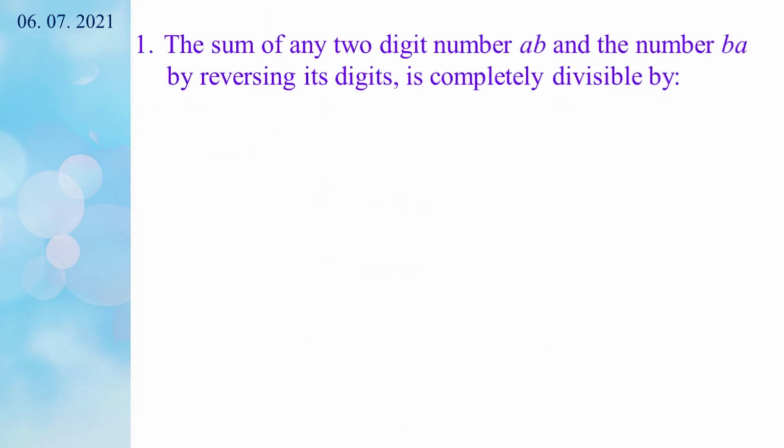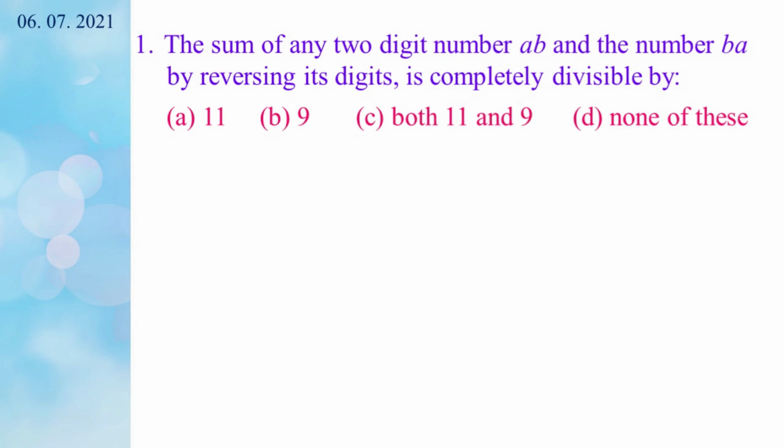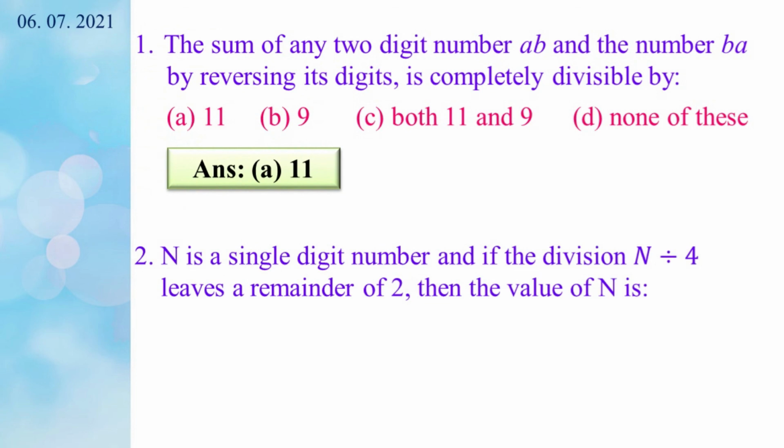Now question time. The sum of any 2-digit number AB and the number BA, formed by reversing its digits, is completely divisible by option A 11, option B 9, option C both 11 and 9, option D none of these. What is the correct answer? Yes, option A, 11.